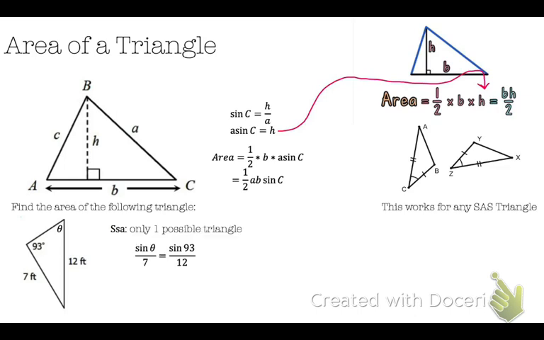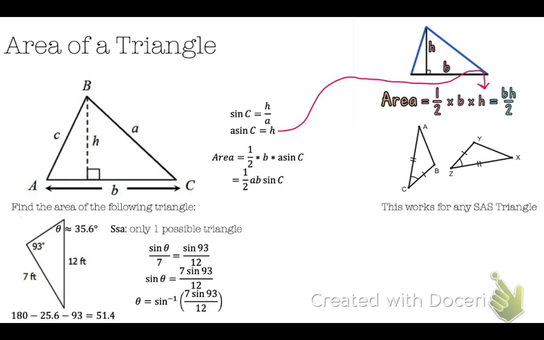So this is going to be sine of theta over 7 equals sine of 93 over 12. So sine of theta equals 7 sine of 93 over 12. So theta equals sine inverse of 7 sine of 93 over 12, which is approximately 35.6.